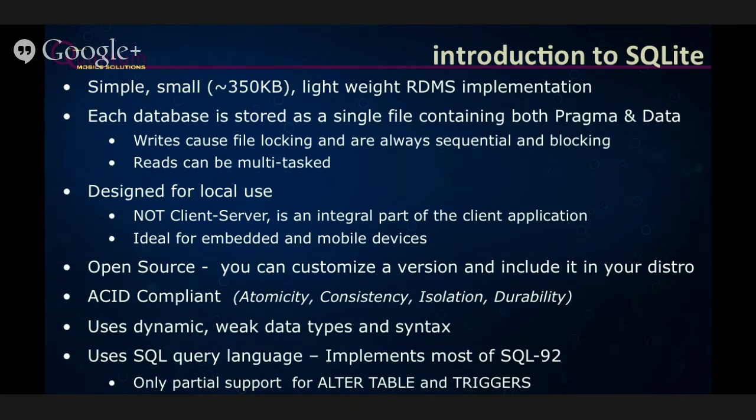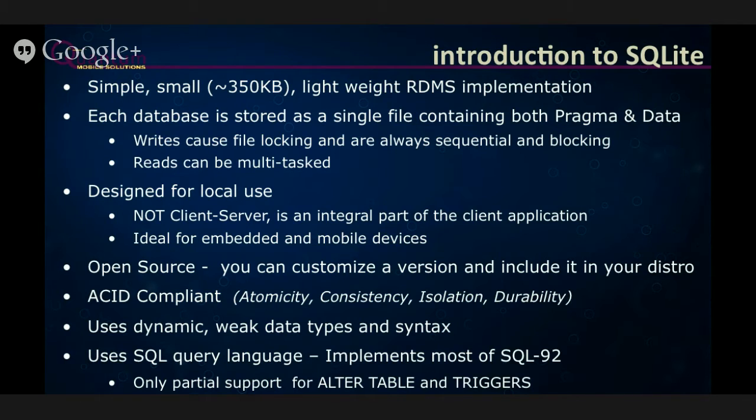And that is different from most relational databases, which will have multiple files for a given database. So it contains both the pragma information, which is the structure of the database, how it's configured and everything else, and the data which is stored in it.